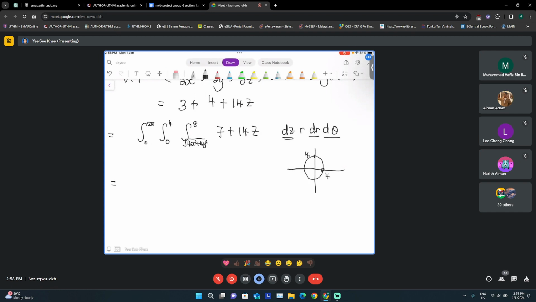Right, so let's continue and solve the integral. This one becomes 7z, and this one becomes 14z squared over 2. You do it manually.